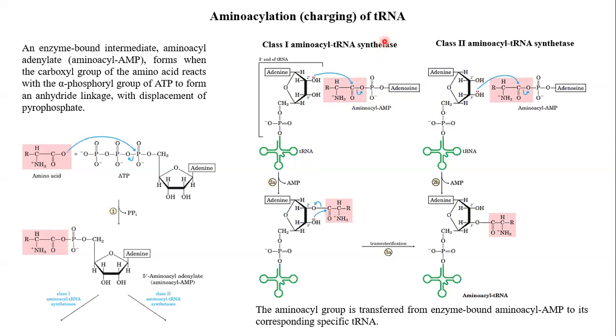So here remember the synthetase means they require ATP for the reaction. So now at the end of the reaction, either it could be class 1 or class 2, the ultimate product is amino acyl transfer RNA, also called charged transfer RNA. Okay.